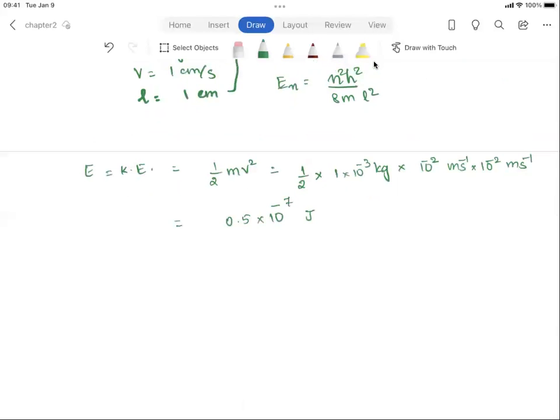Now this energy is actually equal to n squared h squared over 8 m L squared. So let's actually just work with n squared.